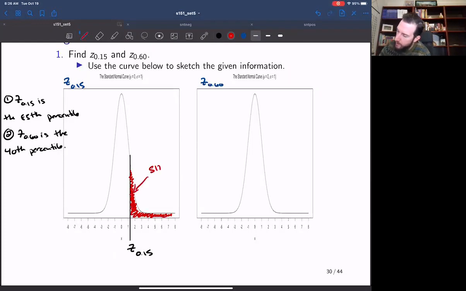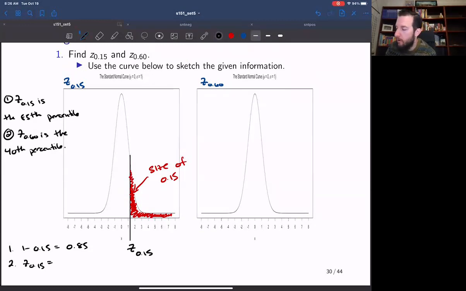Okay, so this is a size of 0.15. Step 1 minus 0.15 is equal to 0.85. Now all we have left to do is look up 0.85 in our standard normal table.